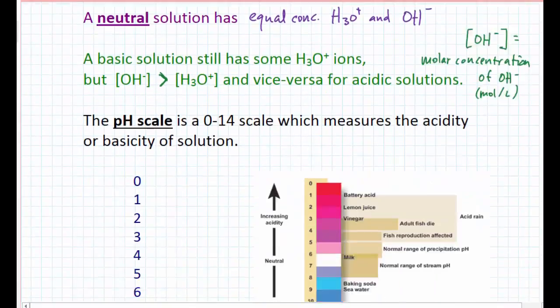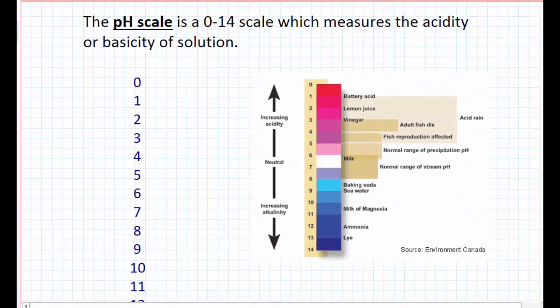Okay? So we have a very handy 0 to 14 scale, which is used to measure and rate the acidity of a particular solution. So neutral pH is right at 7.00. And the acidic side is towards 0.